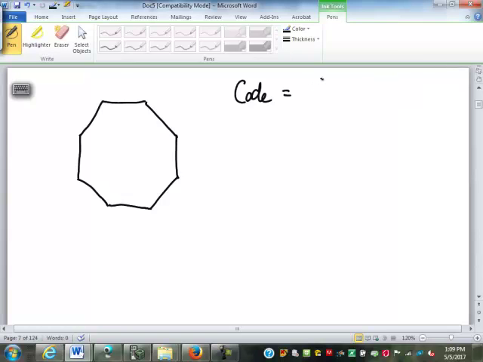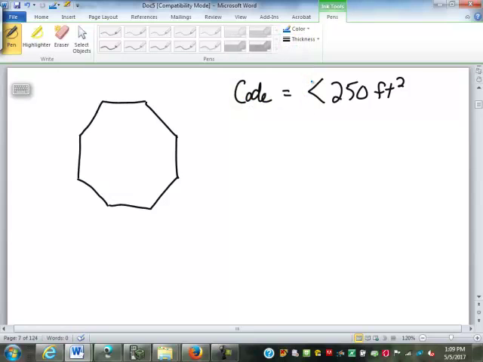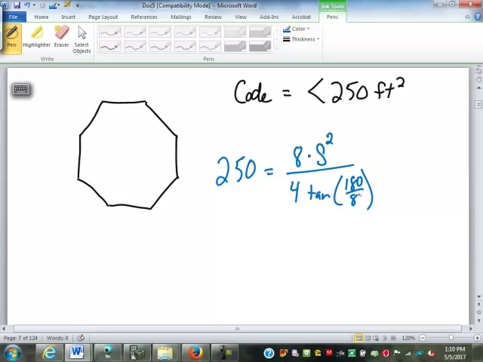So in other words, this has to be less than 250 square feet. So our area is 250 square feet. That's going to equal 8, which is our number of sides, times S, which is our length of the side squared, over 4 times the tangent of 180 over 8.